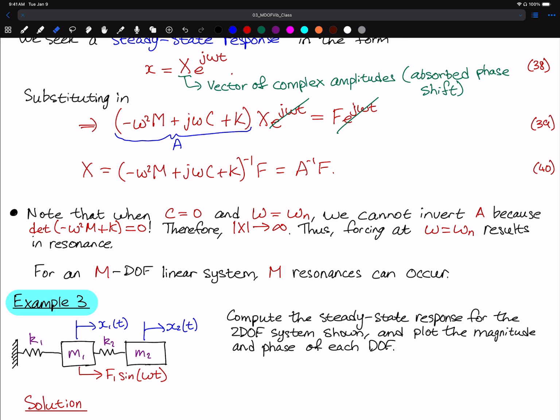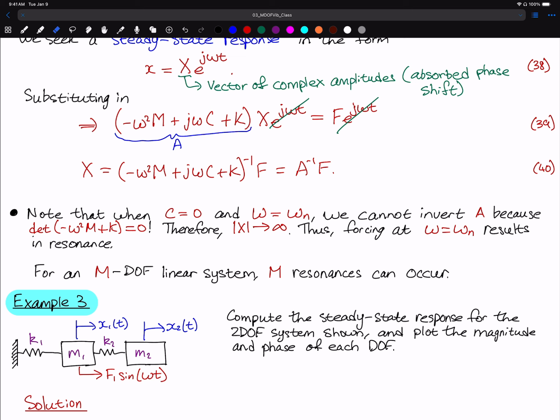And therefore, we will find that the amplitude of that big X will go to infinity. So thus, forcing at any natural frequency of the system will result in a resonance phenomenon similar to what we saw in a single degree of freedom system, except that was at a single frequency. Now we find that this happens at every natural frequency in the system.